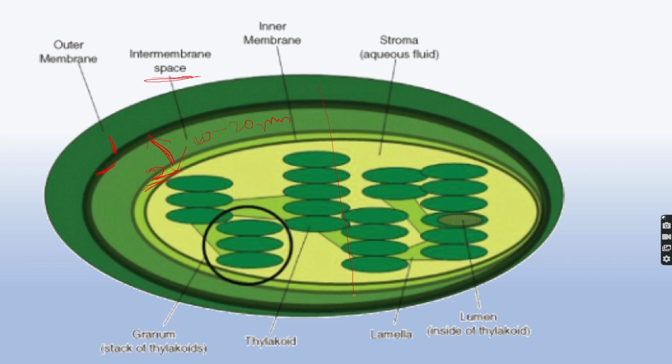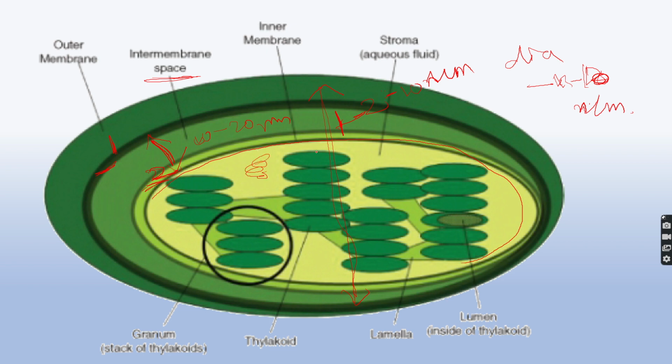Okay, if we see the size of the chloroplast, the diameter is basically 2 to 10 micrometer, sorry, the thickness is basically 1 to 2 micrometer, and the diameter is basically 1 to 10 micrometer.